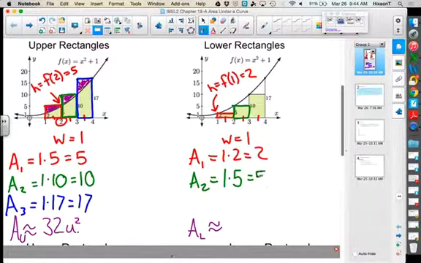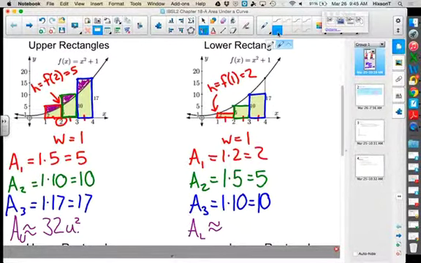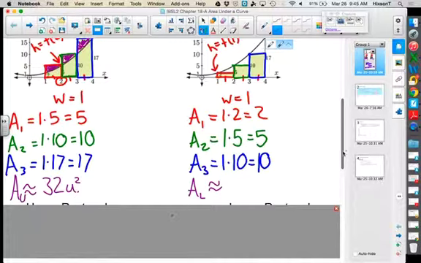So that's 5. And then thirdly, I do my width 1 times f of 3. So 1 times 3 squared plus 1 is 10, and that equals 10. So my total area here for my lower rectangles is 17 square units.